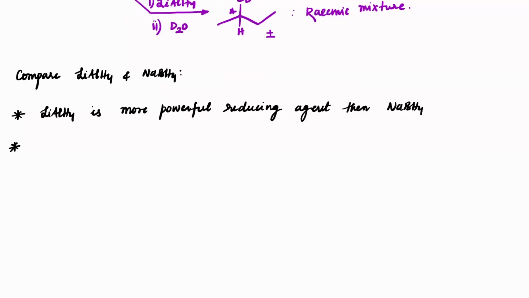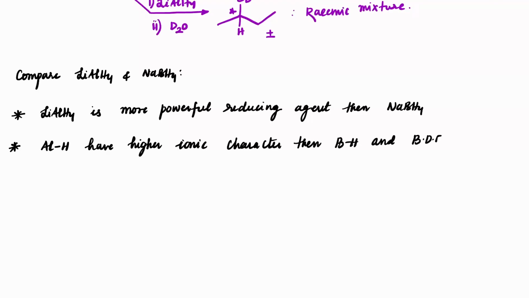See here, we can see aluminum hydrogen, correct? Aluminum hydrogen has higher ionic character than boron hydrogen, and the bond dissociation energy of aluminum hydrogen is lesser than the bond dissociation energy of boron hydrogen.